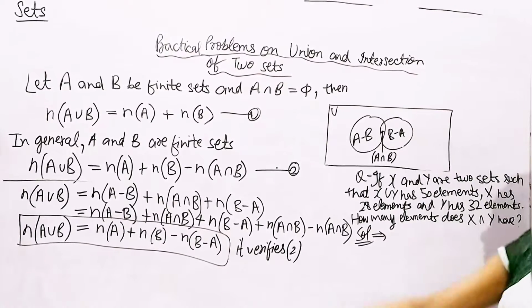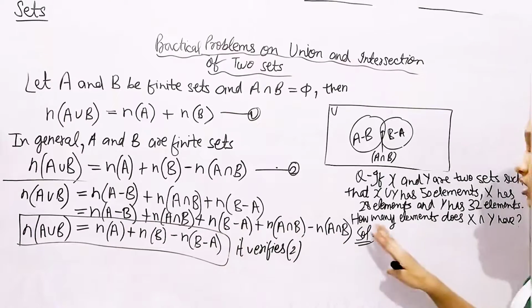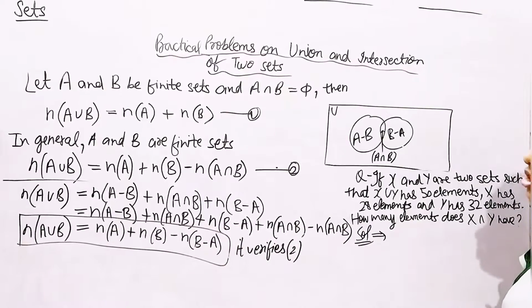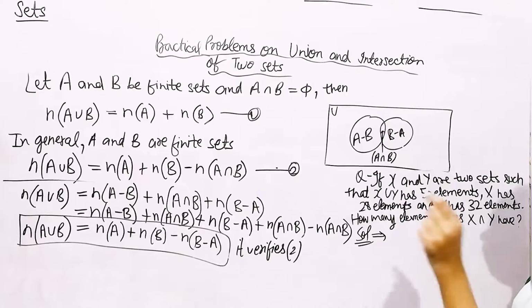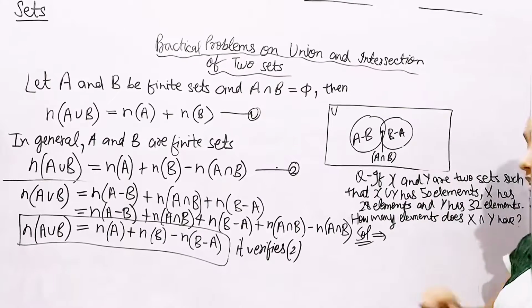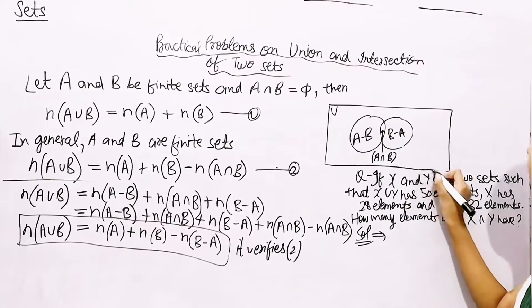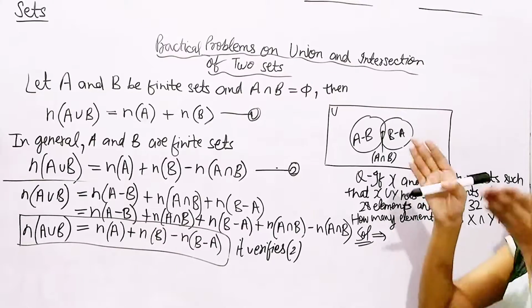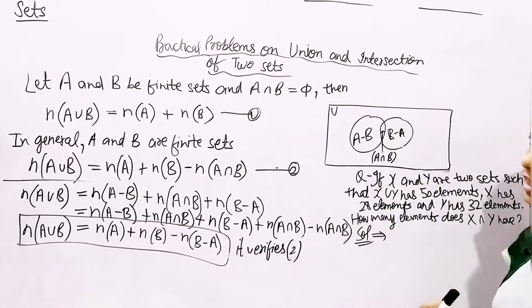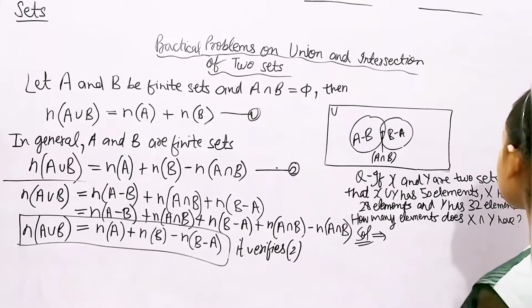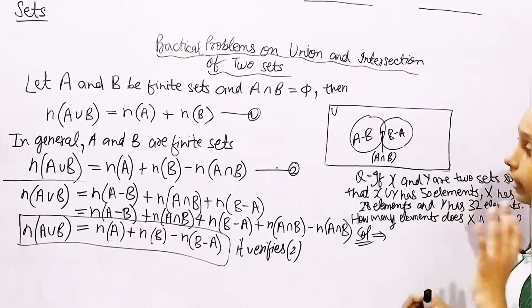So we're going to use this method, because for this we can find it simply. Just in place of sets A and B, we're going to use X and Y. That's it, nothing else. Without this method, I could get the answer real quickly too. So first of all, just look at it orally.